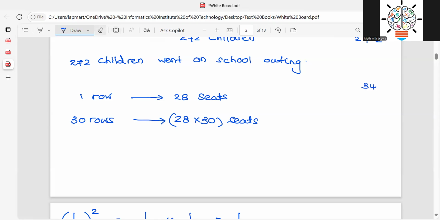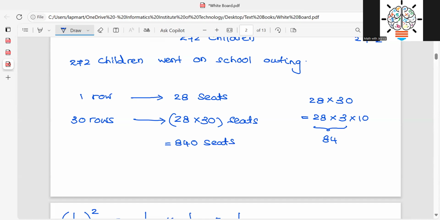28 multiplied by 30. I write it as 28 multiplied by 3 by 10. And 28, when you multiply by 3, it gives me 84. So the 84 multiplied by 10 will be 840 seats. 840 seats, right?